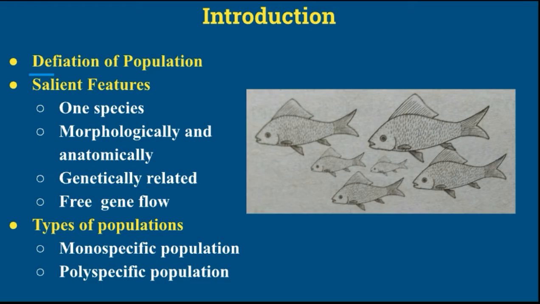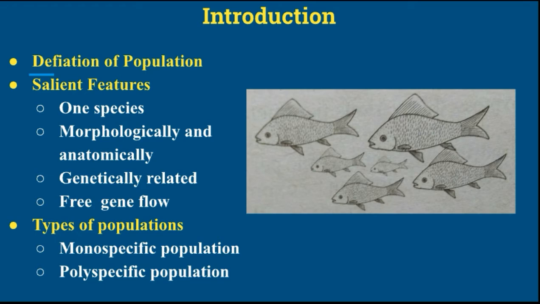That is one particular morphological character that is similar. Anatomy means all the anatomical structures are also similar. So individuals of a single species are similar in nature, morphologically and anatomically.